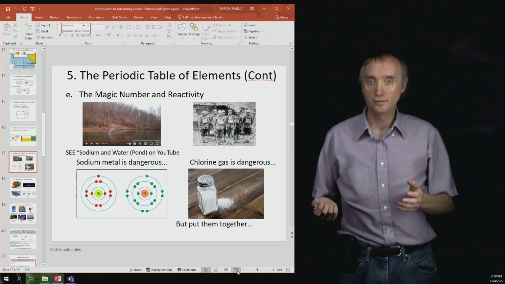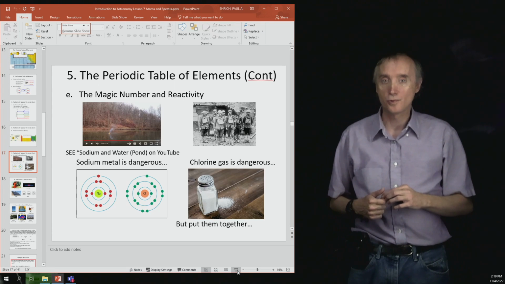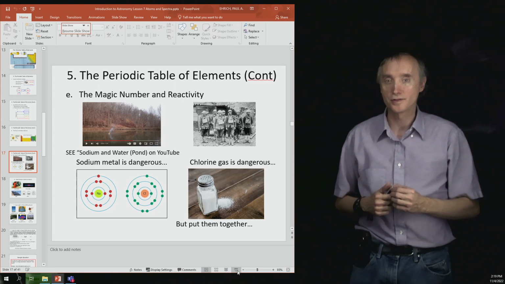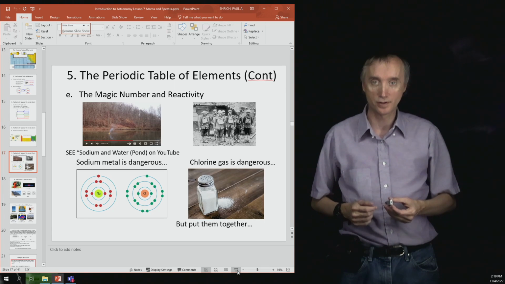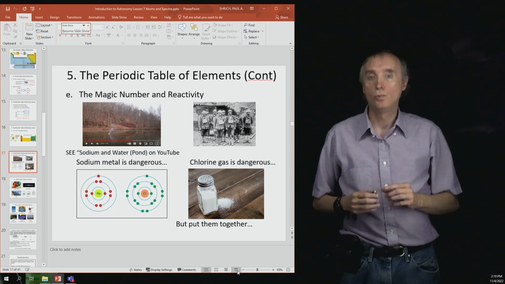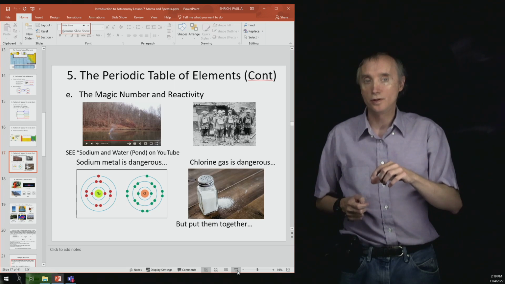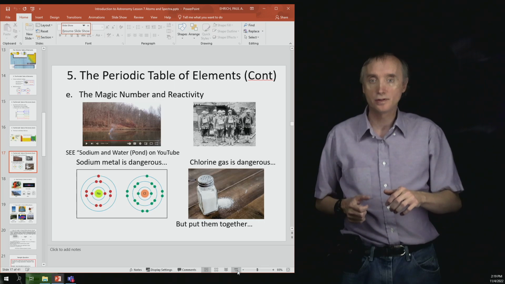Okay, did you watch the video? This is why I said in the previous segment that it's a bad combination to have sodium, water, and teenagers put together. What happened was that the sodium reacted with the water, and it basically split the water.